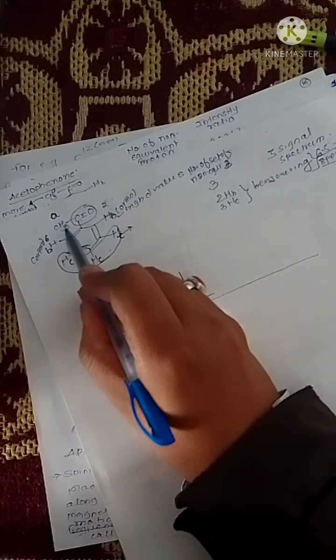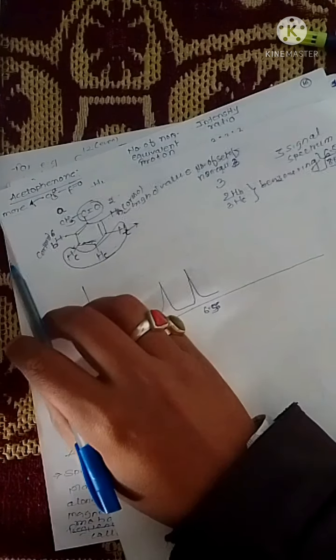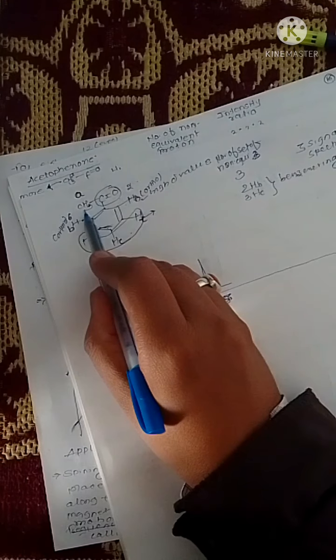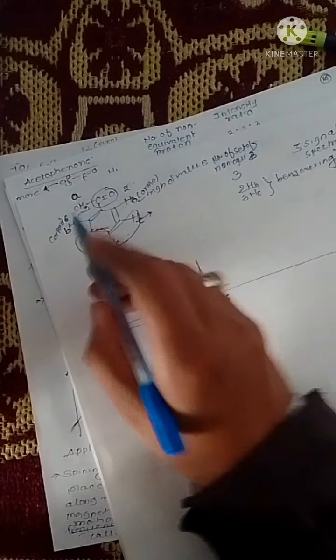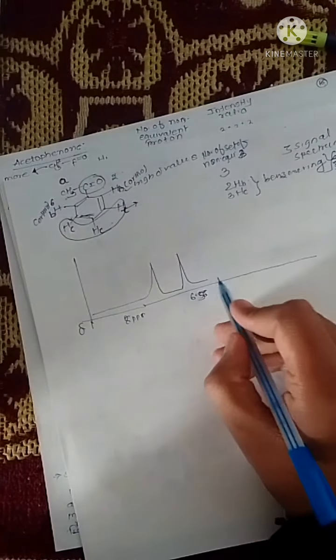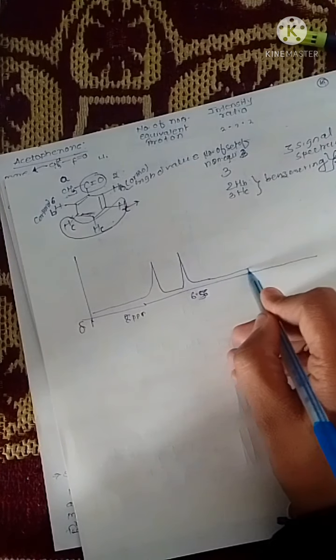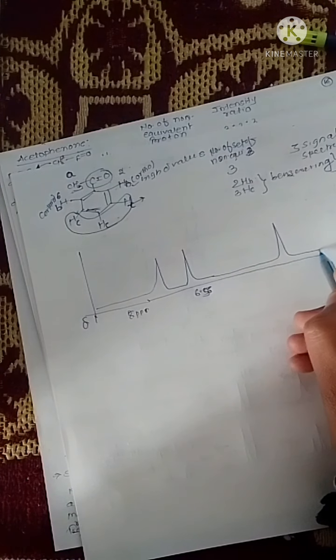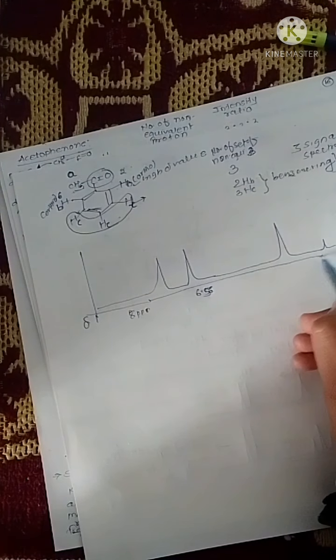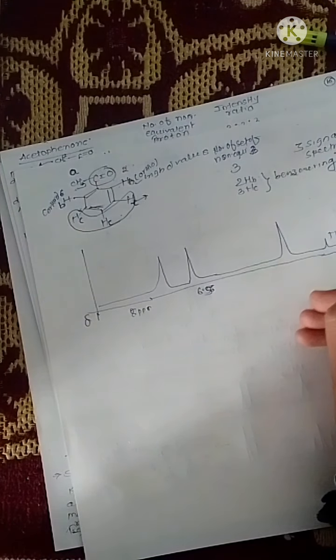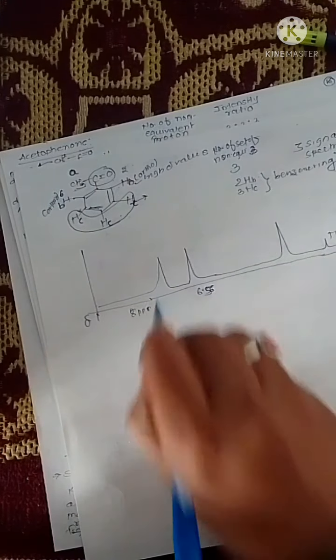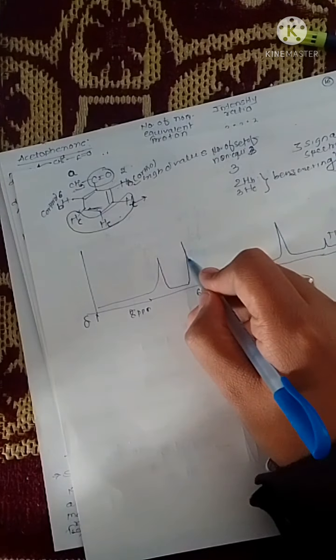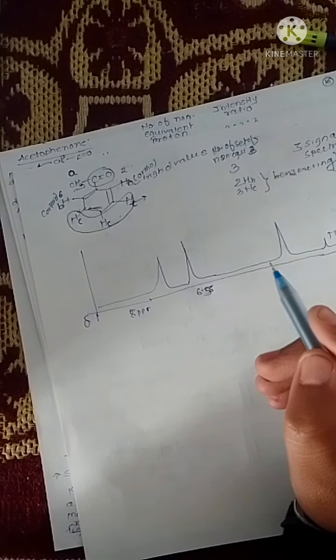While this methyl proton is de-shielded, so its peak generally comes in the region 1.5 to 3. So I write 1 peak here, and this is the peak for TMS. Now decide which peak is for which proton.